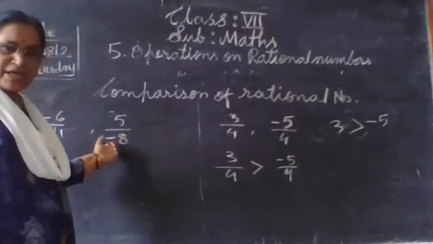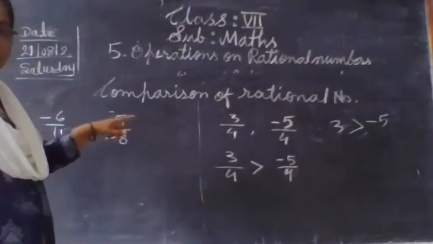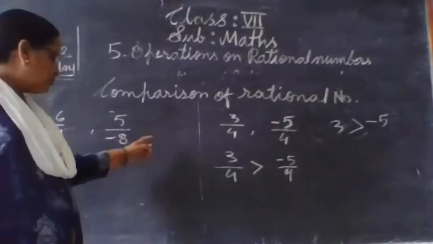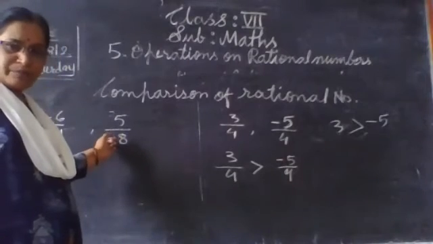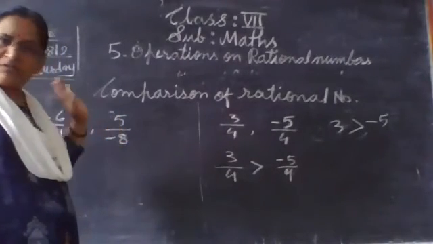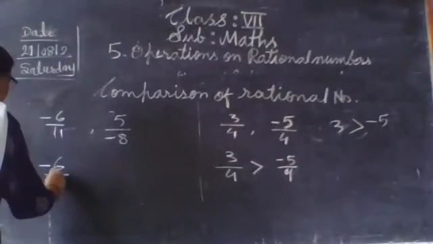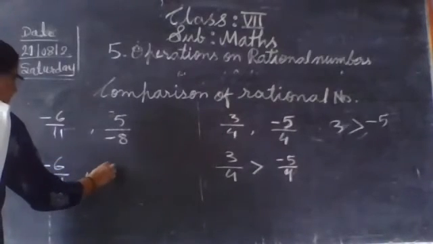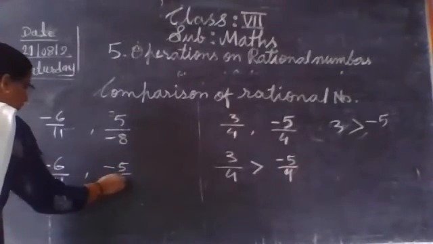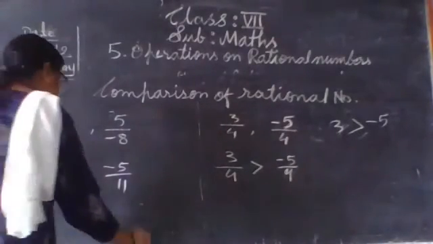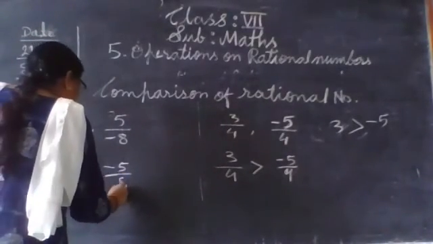To make it positive, we multiply both numerator and denominator by minus 1. So minus minus gets plus, and numerator becomes negative. So it is minus 6 upon 11 and it is minus 5 upon 8. Sorry, it is 8.